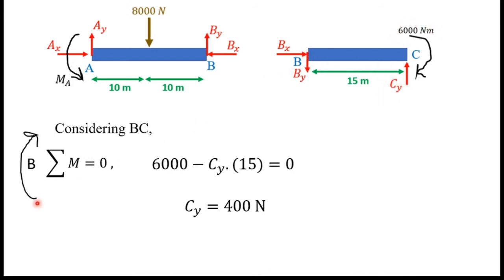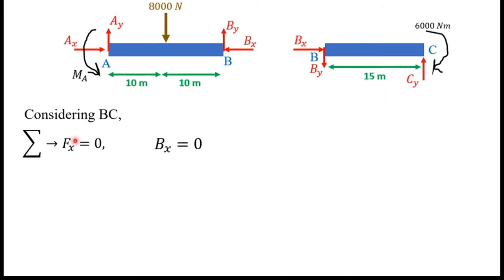Since I consider clockwise direction, I write plus 6000 because this moment is clockwise. Then the moment due to CY is counterclockwise, therefore I put a minus sign. CY we don't know, so I wrote CY here, and the distance between CY and point B is 15 meters. When I simplify this, I get CY equals 400 Newton.